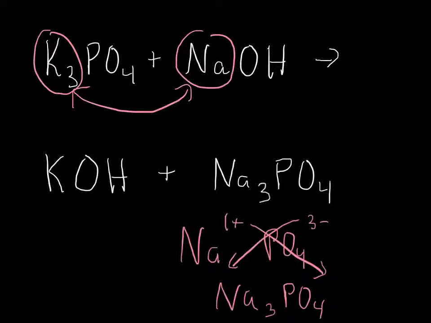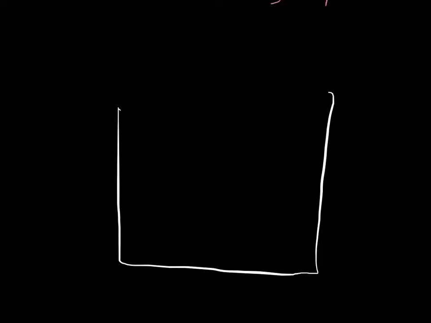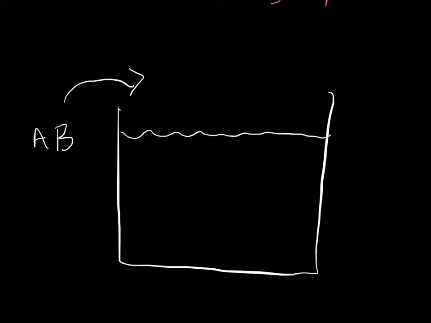So just like my single replacement reactions, these reactions do not always occur, and I have to check to see whether or not this will happen. And these reactions occur in aqueous solution. So probably the best way to think about how this reaction is happening is that if this is my container of water, and I'm putting two compounds in, and here will be my AB compound, and here I'll add in my XY compound.